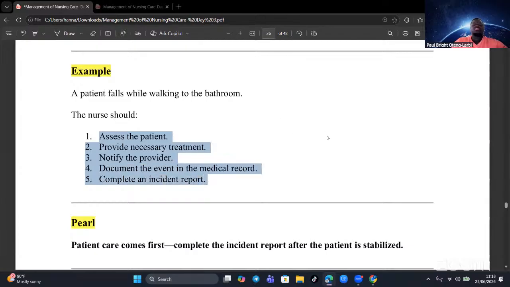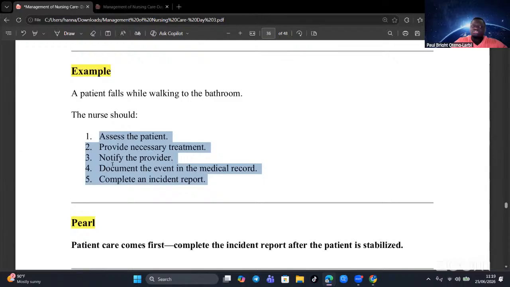So you were the nurse manager, and during the weekend, you were off. On Monday, when you came, you heard that on Sunday or Saturday, one of the patients fell, especially those in the care homes. This is what you are to assess. Who was the RN on duty? Was the patient assessed? What was the necessary treatment that was required for this patient?